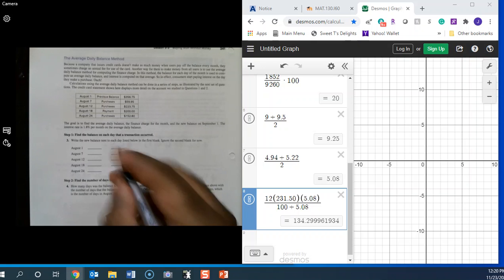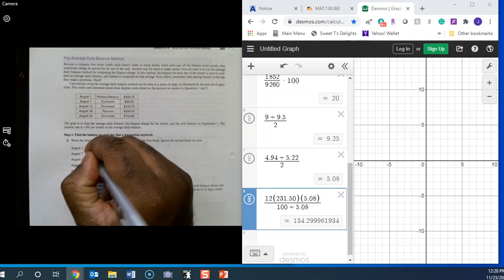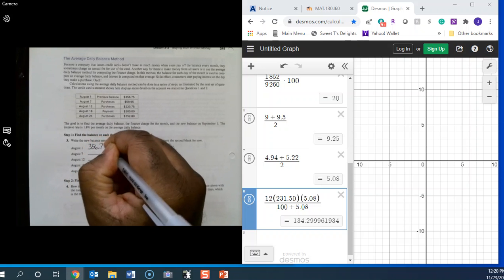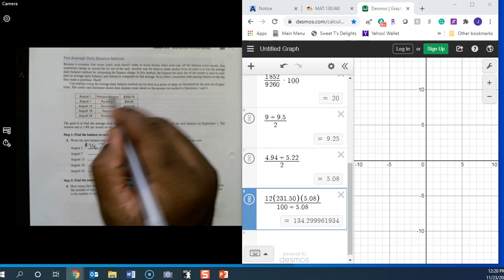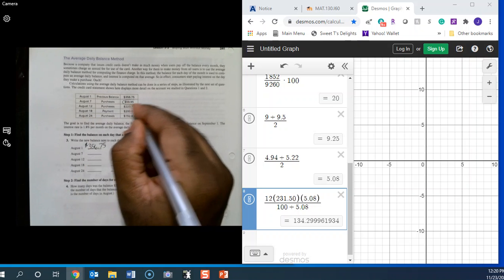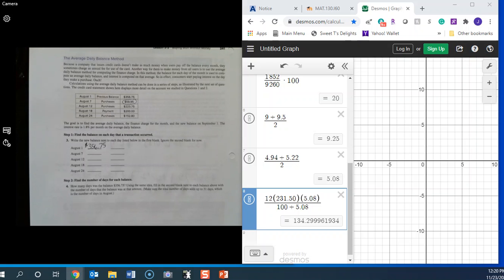So we know on August 1st, we start off with $356.75. All right. Now, from August 1st to August 7th, we go from the 1st to the 6th. Well, that's the second part. We'll get back to that. So they say on the 7th, we made a $59.95 purchase.